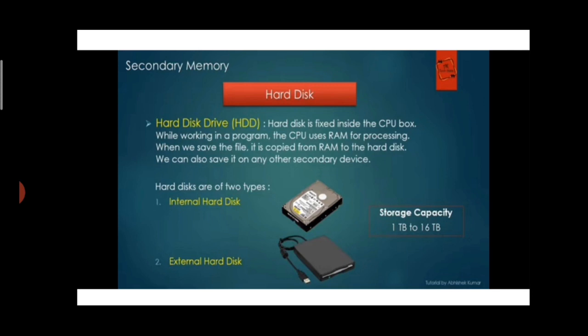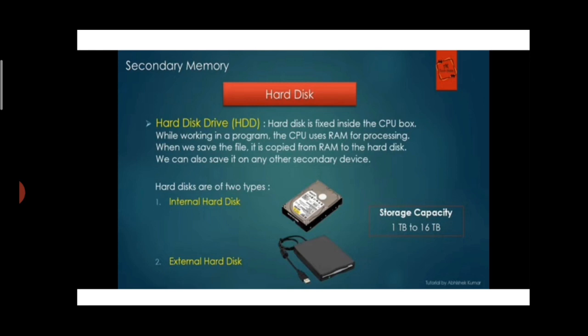Internal hard disk is fixed inside the CPU box, but external hard disk we can connect to the computer or CPU externally by using a USB cable.